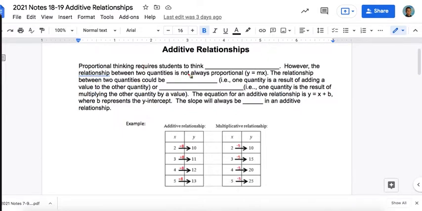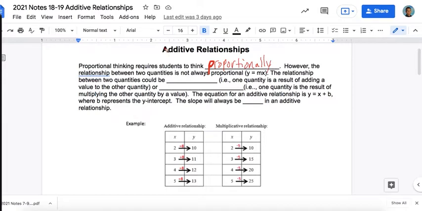So proportional thinking requires students to think proportionally. However, the relationship between two quantities is not always proportional, y equals mx.